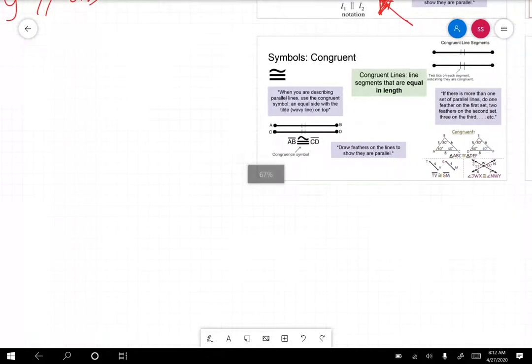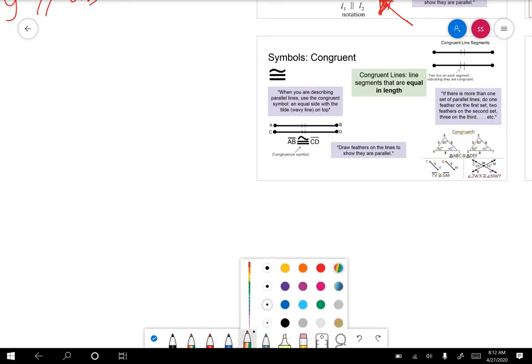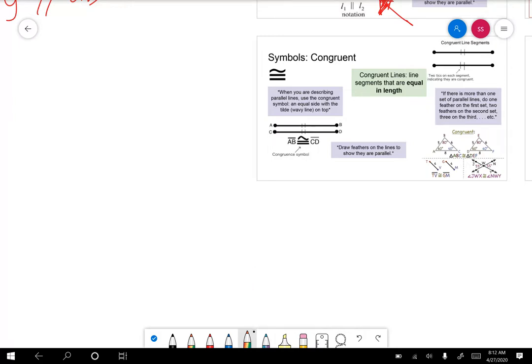Let's talk about congruency. Congruent lines are basically just line segments or lines that are equal in length. So let's say we have two lines.